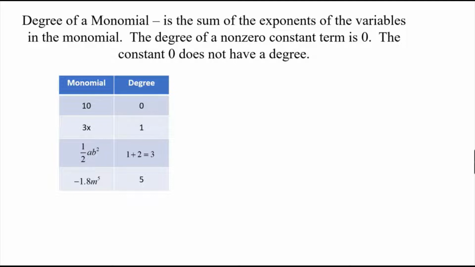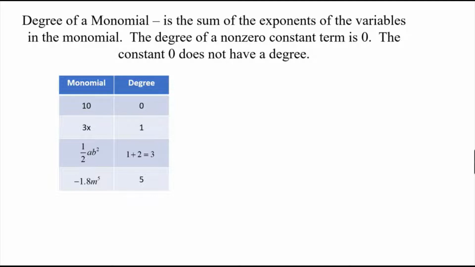For example, the number 10 is a non-zero constant term, therefore its degree is 0. For 3x, we only have to observe the variable used there, and that's x. The exponent of x is 1, therefore its degree is simply 1.